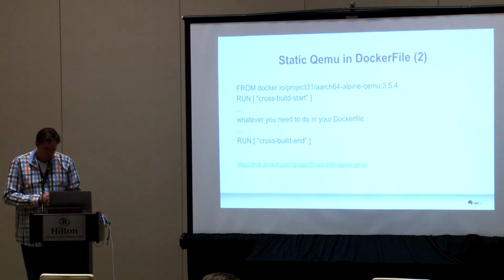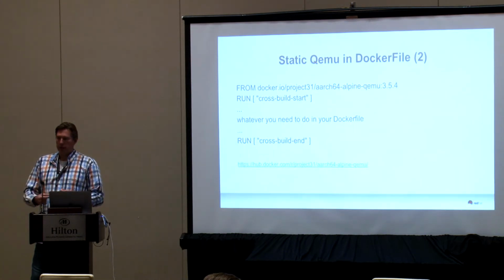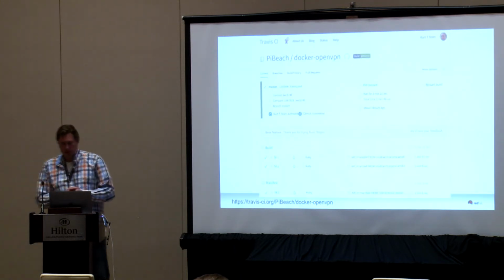Wow, that's kind of cool. So now I can use this trick to build anywhere, as long as I ship a QEMU static binary in my ARM image, in my base image. Okay, so now I'm going to go to Travis.